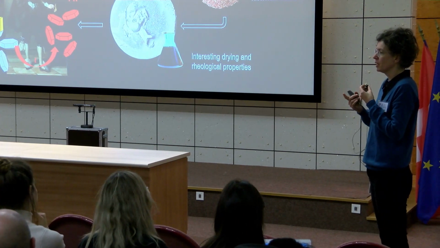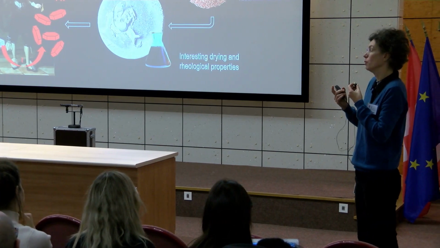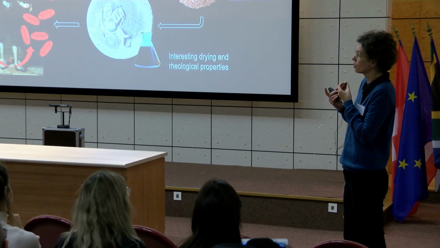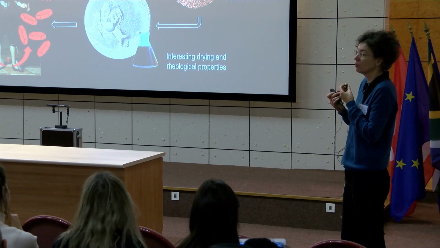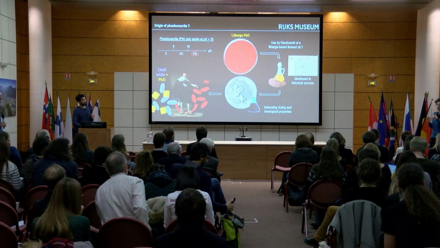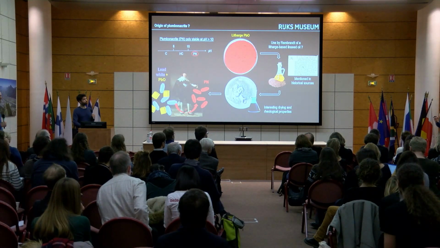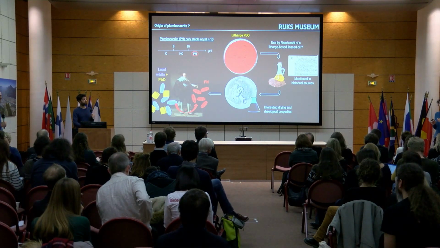So it may be a trace of remaining, not for so long, because plumbonacrite forms in 1 month. Fast, yeah, very fast after the preparation of oil. Yeah, a few hours.